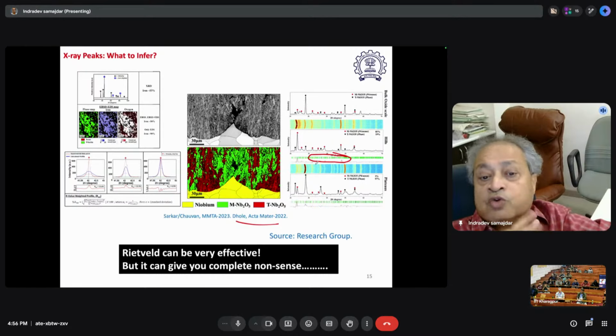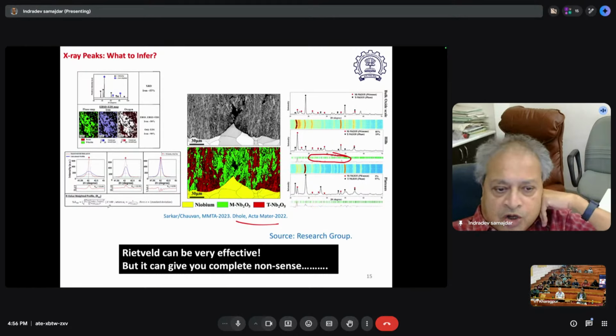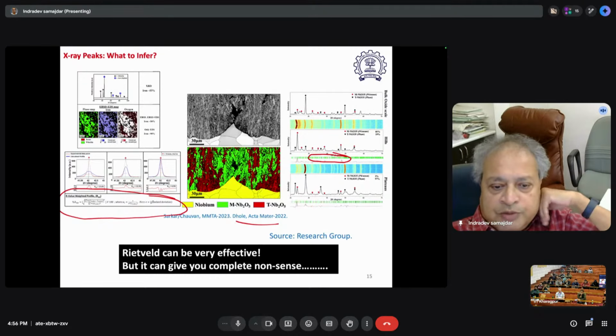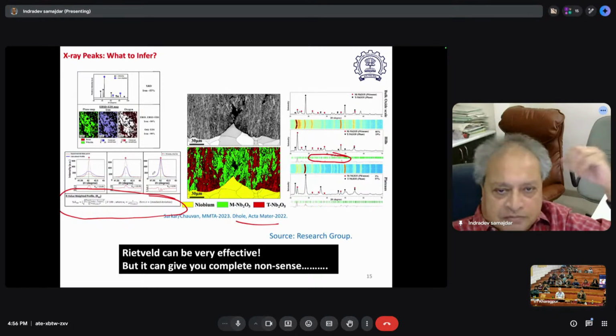Now you want to do a quantification. So you put a complex polynomial like this, what is called R-WP, and you fit a different R-WP between experimental and your predicted profiles. You can fit them and go to a reasonably lower value.